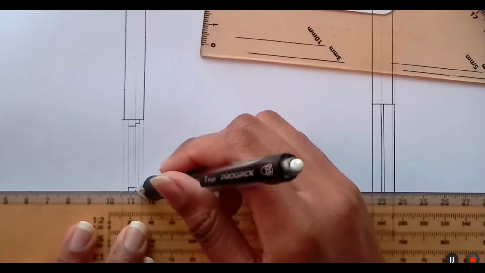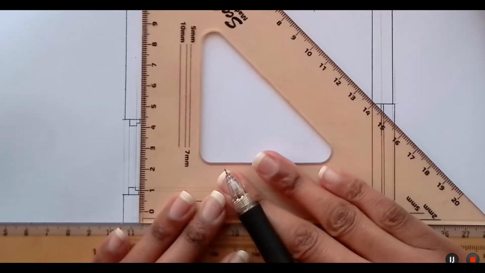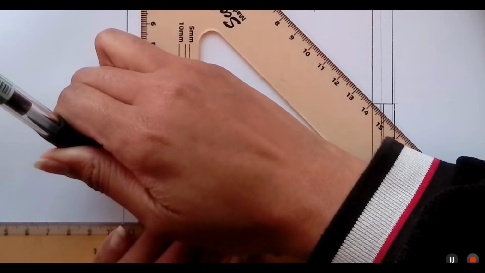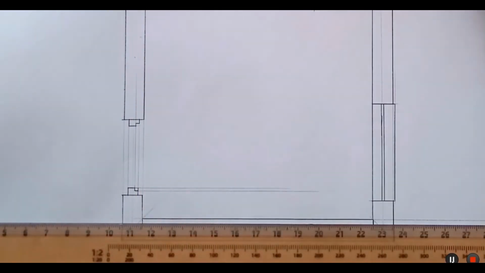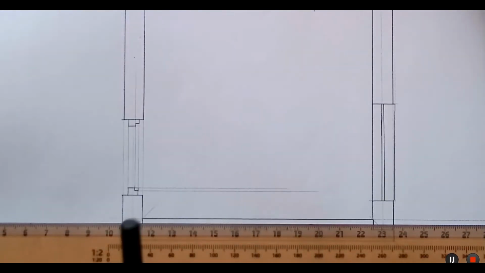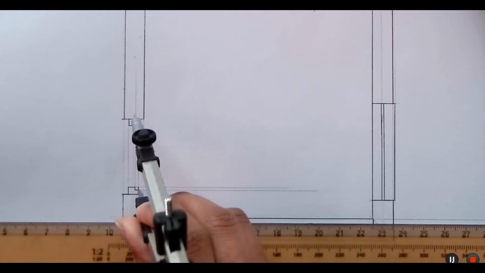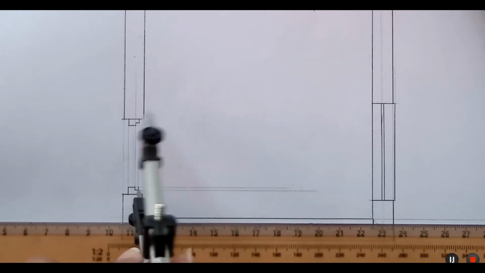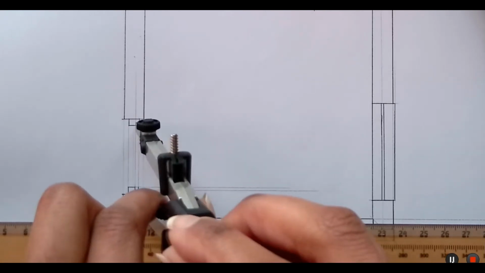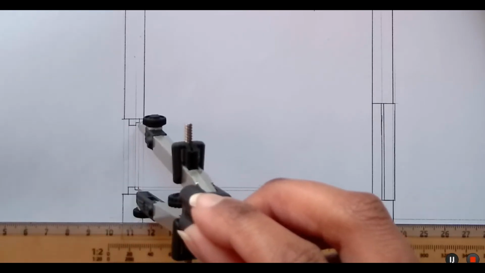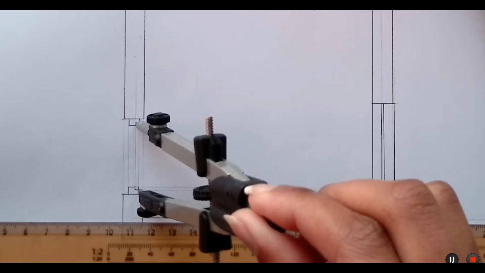So I'm going to just project this space up and then outline the first line of the door, which is in line with the frame. And then, because they said the door is to fit, I'm just going to place my compass to the other side where it can fit into the space here.